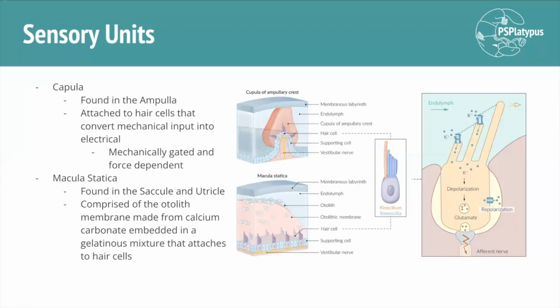The macula works in a very similar way. However, they have an extra component on top of that known as the otoliths, which contain otoconia or calcium carbonate crystals, and this forms a membrane above more hair cells which act to detect our vertical or lateral acceleration, respectively.